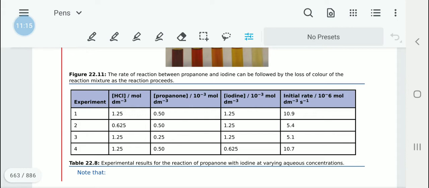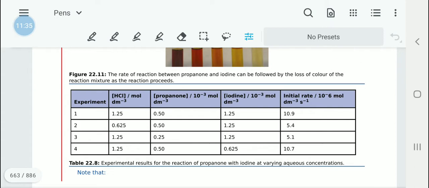Then HCl remains the same at 1.25, but we have dropped propanone to 0.25, so the propanone concentration has been reduced. The initial rate obtained is 5.1, so that means the initial rate is dependent on the propanone concentration as well.